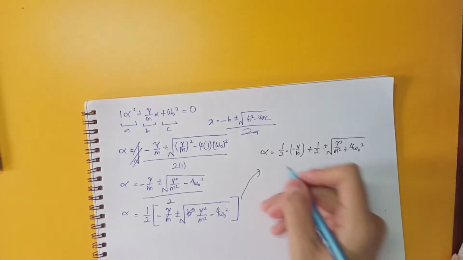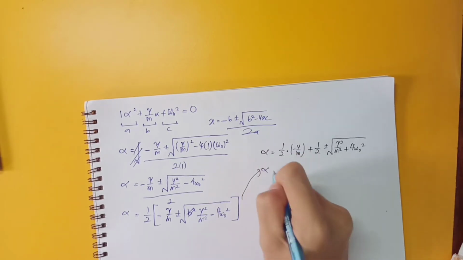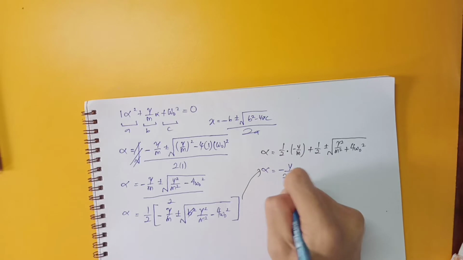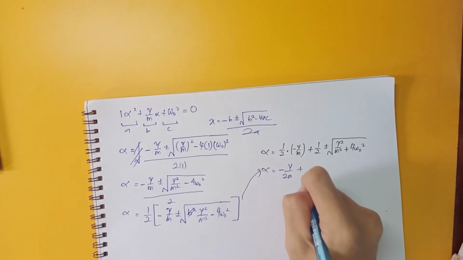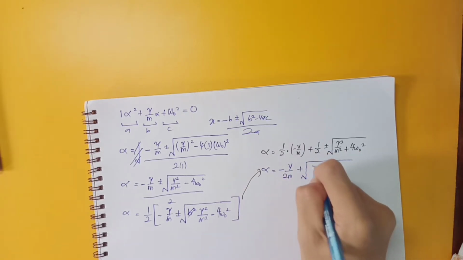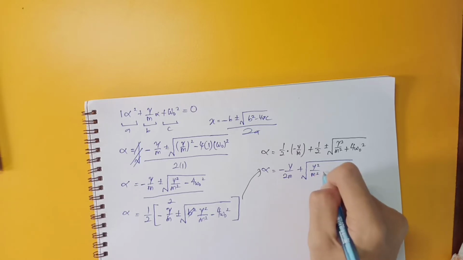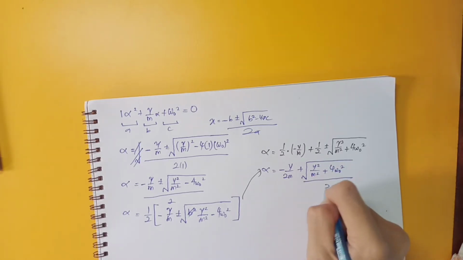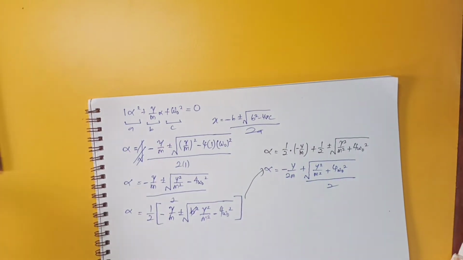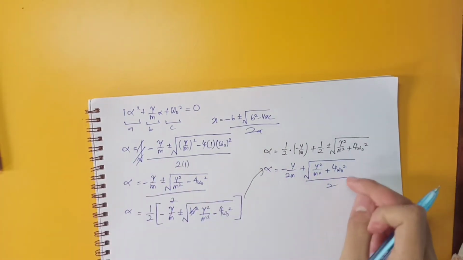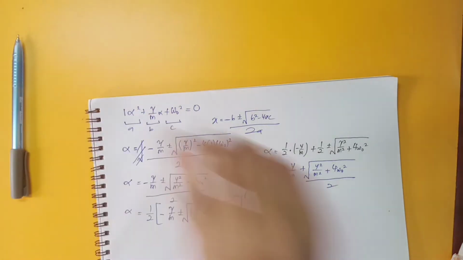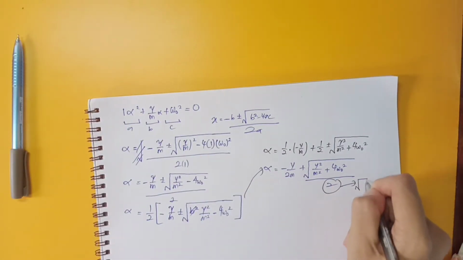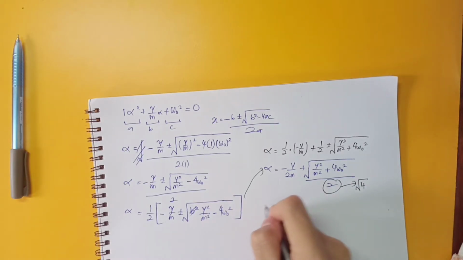Okay, let's go. Alpha is equal to negative gamma over 2m plus or minus the square root of gamma square over m square plus 4 omega naught square over 2. Okay, when we want to do some dividing in the square root, this has to change into the square root form, like we are doing right now.